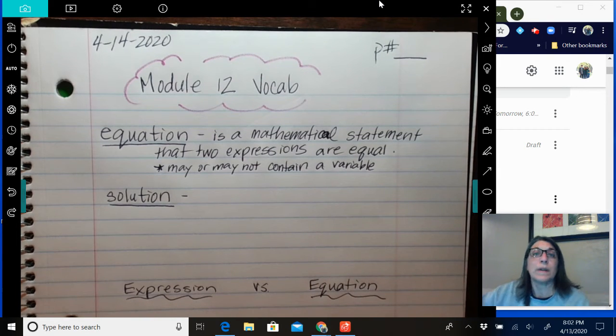A, B, C, X, Y, Z, T, R, S, whatever. We've used every letter. We've used a lot of them. So any of those letters are the variables. So an equation doesn't have to have a variable. 2 + 3 = 5 is an equation. Doesn't have a variable, okay? It's got one side equal to the other side, right? Okay, so then a solution.